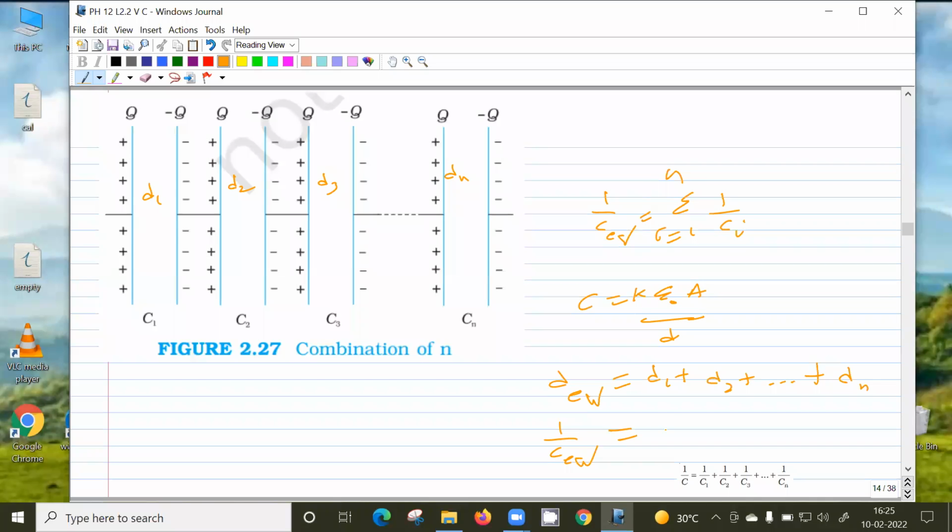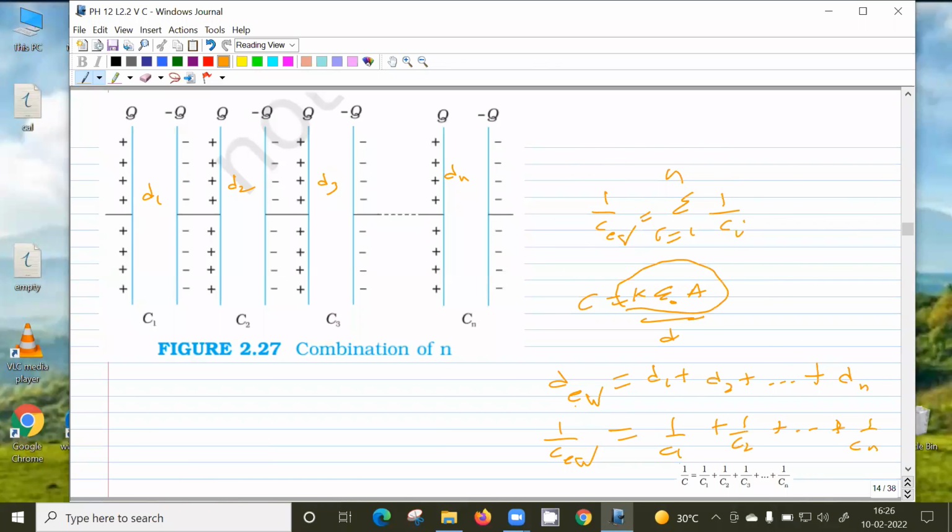So this will give 1 by C1 plus 1 by C2 plus so on to 1 by Cn. The factor K epsilon naught A, which is the same for all the capacitors, will cancel. Is that clear? So we can think as if all the D's add up.